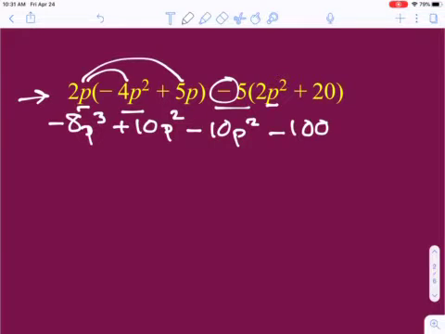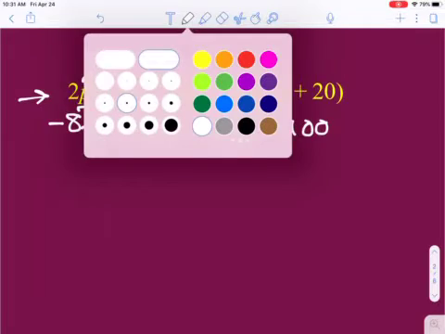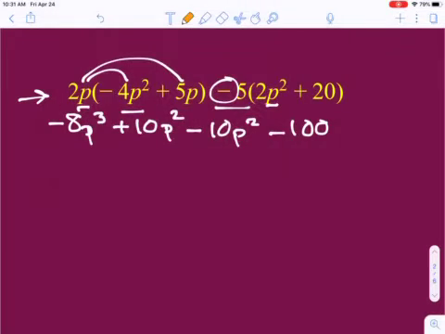And then the next step is taking a look at this, right? And I'm going to color code this. Taking a look at this and saying, okay, what terms can I combine to make this simple? Well, if I look at my negative 8p cubed, there is nothing else there. So that's fine the way it is.